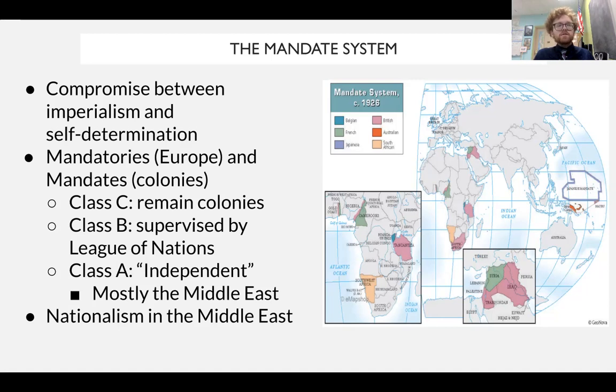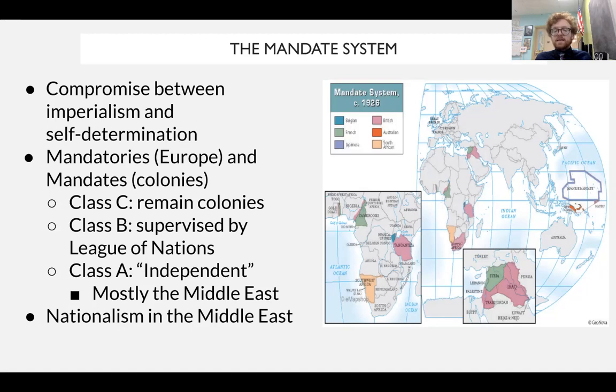So the mandatories are expected to politically advise and economically advise these countries to develop industrially and liberally in terms of their democratic politics. And yet it's going to divide the world into different stages, into different classes of these mandates.